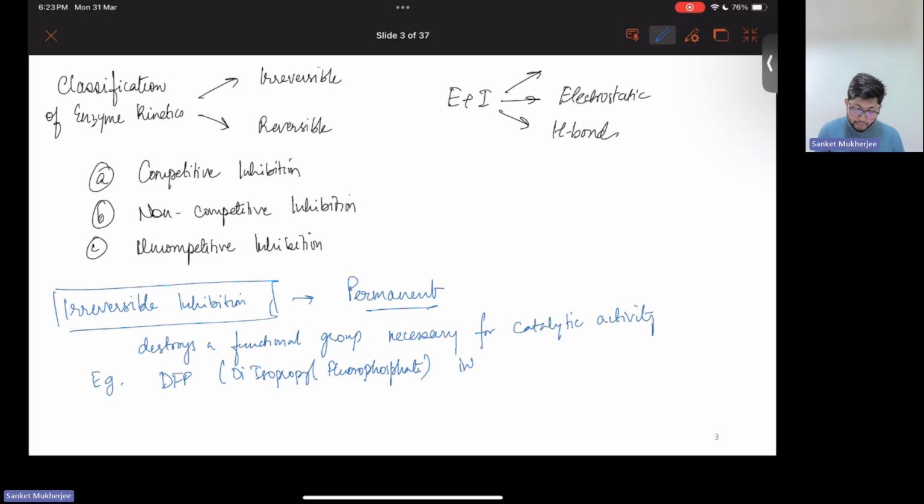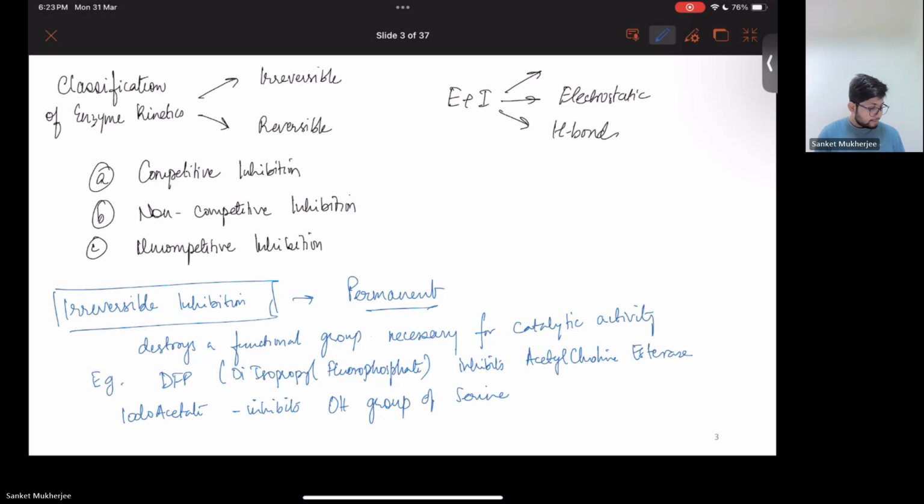It inhibits acetylcholine esterase. This is important for nerve neurotransmission. Similarly, iodoacetate inhibits the OH group of serine, SH group of cysteine, and imidazole group of histidine.